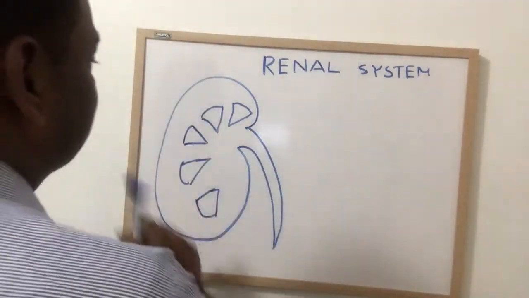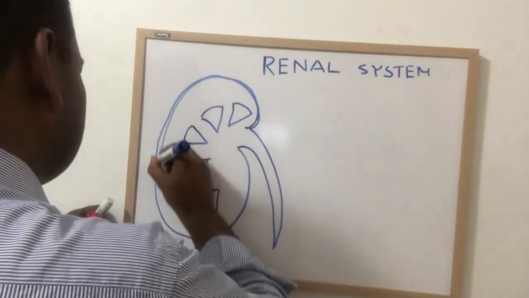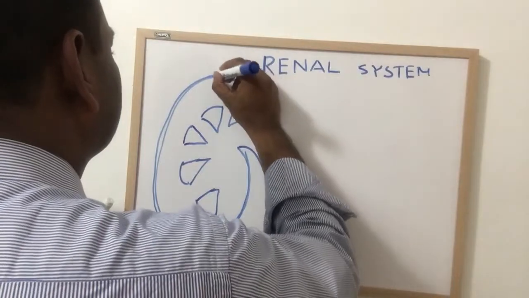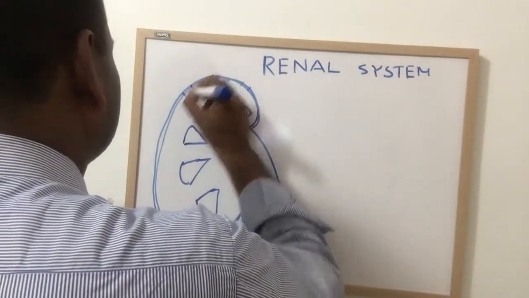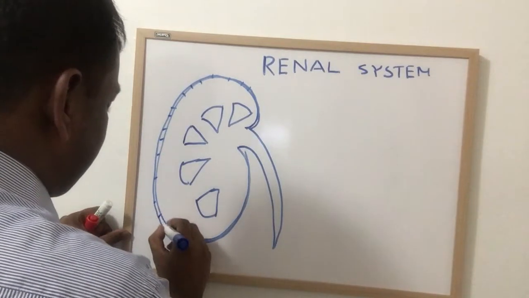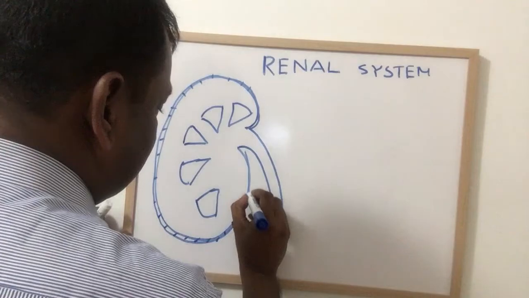This is the cortex, with the extra layer, the capsule, with collagen and fat and pain receptors. It is a very painful area if there is some pathology.